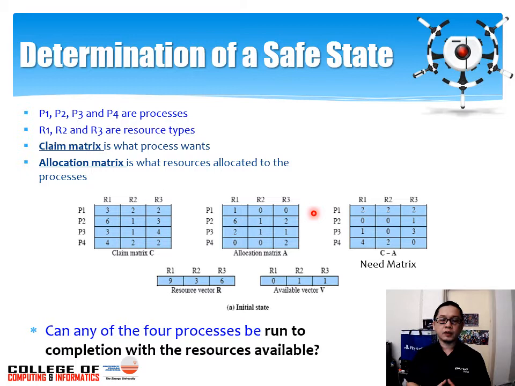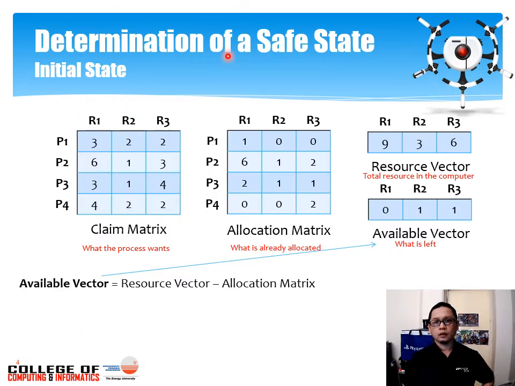If you remember previously, deadlock happened when you don't have enough resources to give to the requesting processes. So in calculation, how do we do that? Please follow through the method. This is usually the initial state of any of the determination problems.